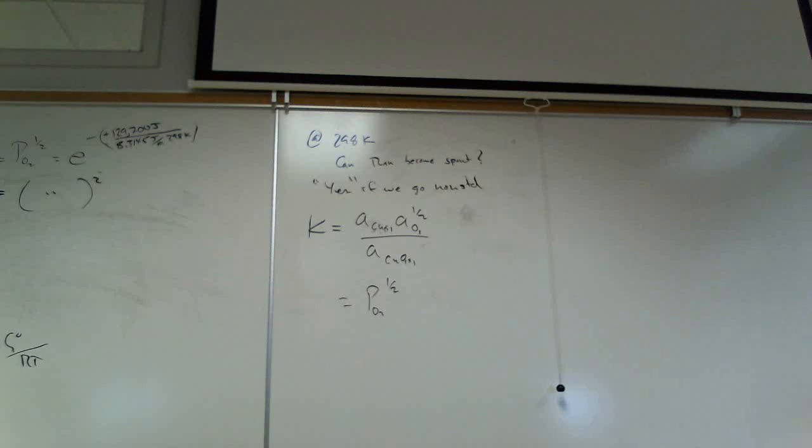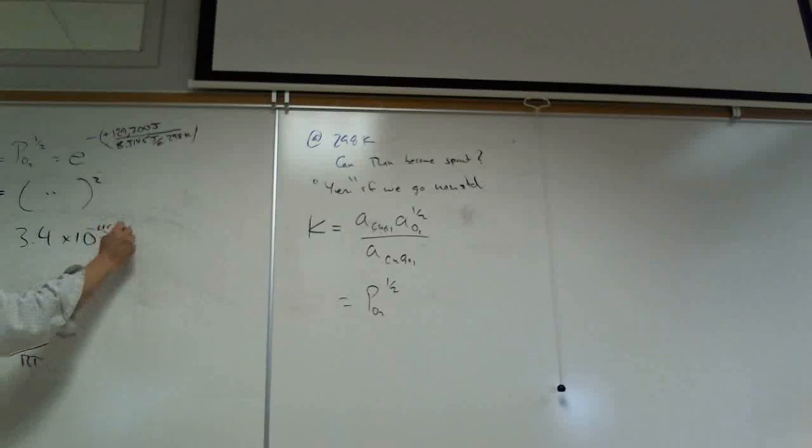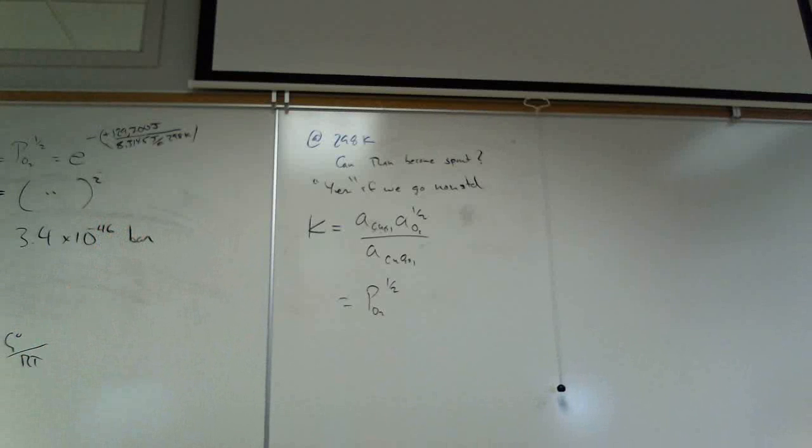I got 3.4 times 10 to the negative 46 bars, which is about an atmosphere. Is that what other people got? We could double check this by plugging it back in. But let's see.